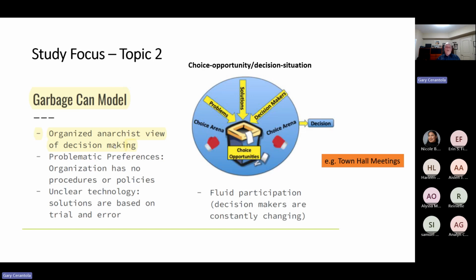Okay, so here's a different kind of decision model, and it's a free for all, right? But I've used it in what I call town hall meetings. I facilitated groups from 6 people to 300 people. And the garbage can model is a way where there are no holds barred.